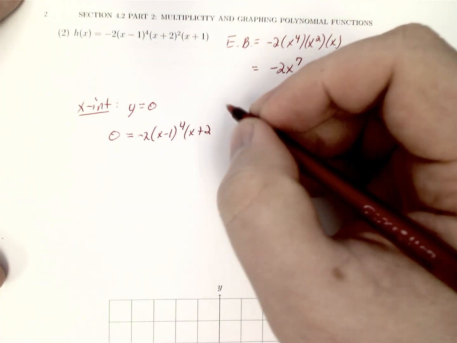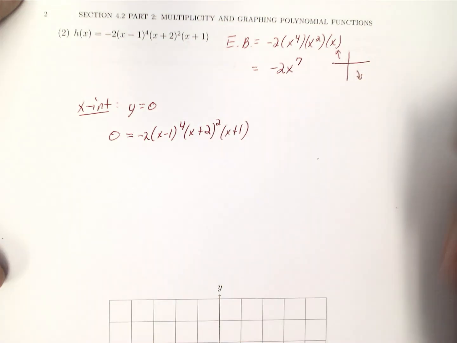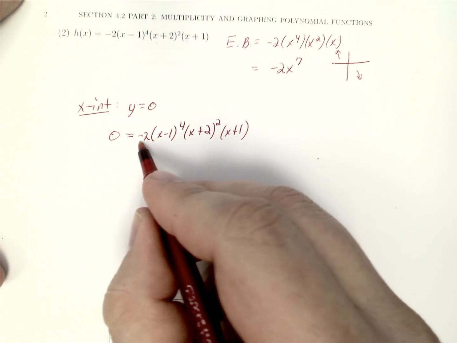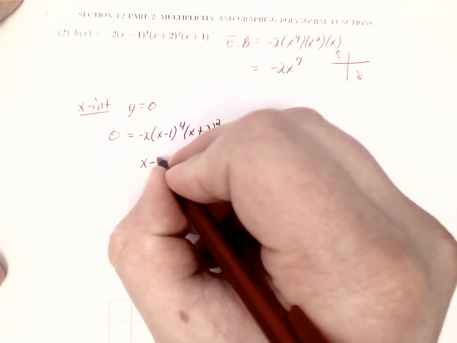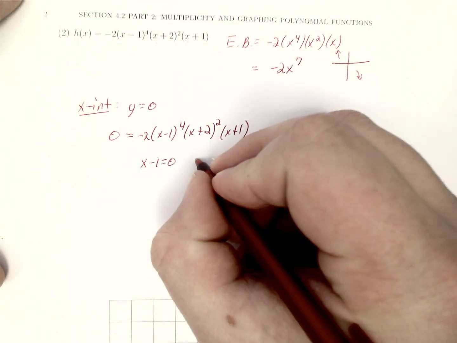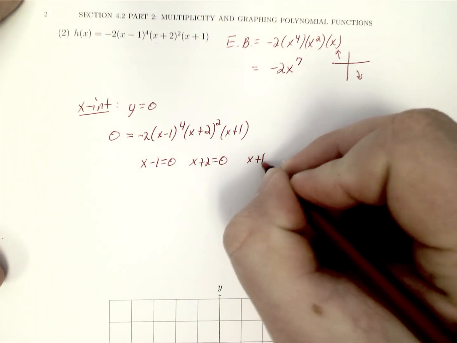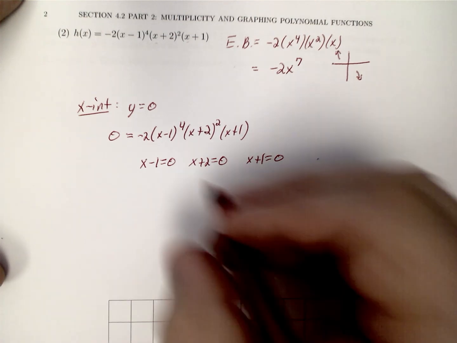So -2 times x minus 1 to the 4th times x plus 2 squared times x plus 1. And then we set each one of these factors. We don't have to worry about the constant because there's no x there. We don't have to set it equal to 0. We set x minus 1 equal to 0, x plus 2 equal to 0, and x plus 1 equal to 0. Again, also the insides, we don't have to worry about the exponents.